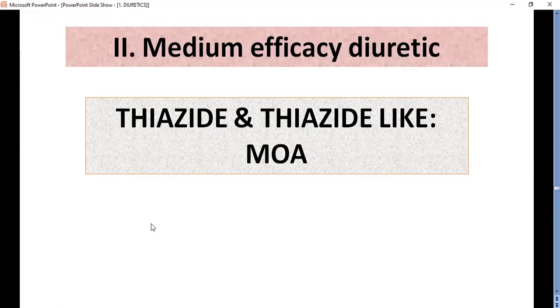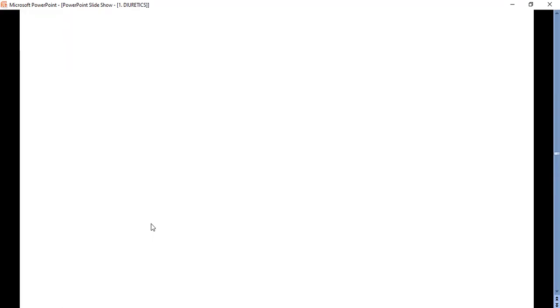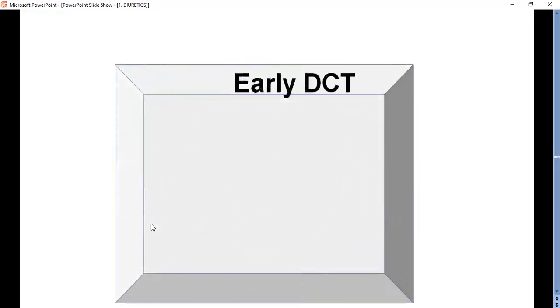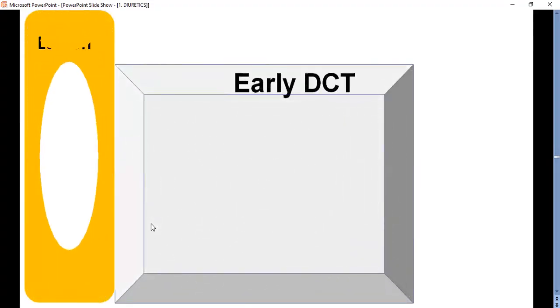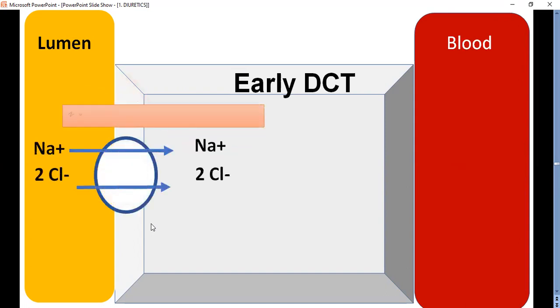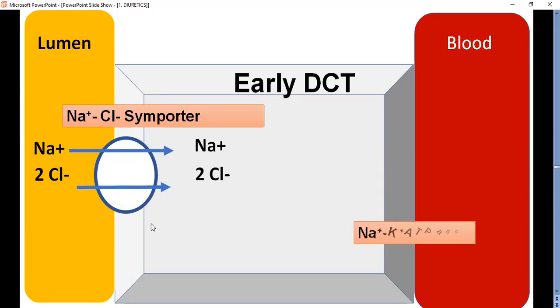Medium efficacy diuretics, these are thiazides and thiazide-like diuretics. It acts on the early part of the distal convoluted tubule, and this is the luminal side and this is the vascular side. There is a sodium chloride symporter on the luminal side of the epithelium, which allows reabsorption of sodium and chloride into the epithelium.